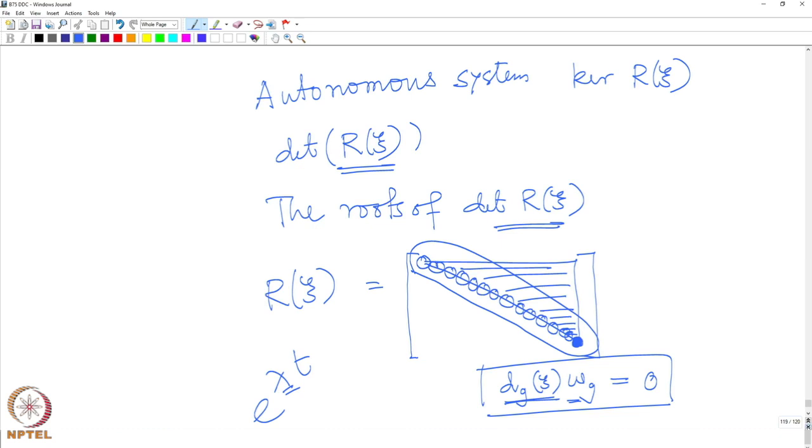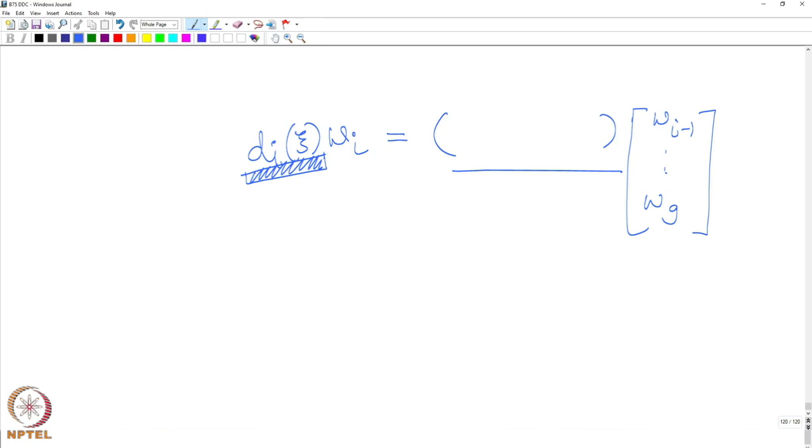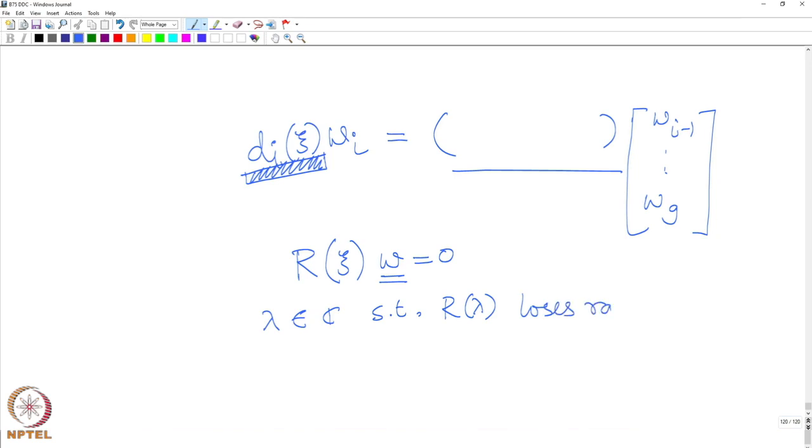There is an easier way of understanding why this is happening. Look at R(ξ)w equal to 0. To get solutions w, all I need to do is find a complex number λ such that R(λ) loses rank. For which complex number λ does R(λ) have lesser rank than its size?